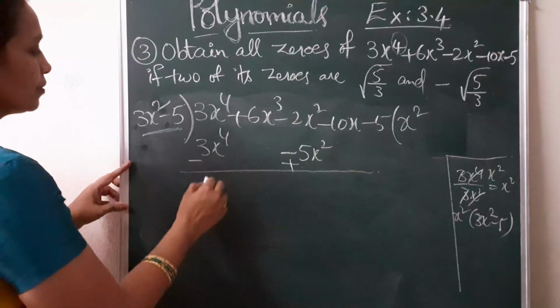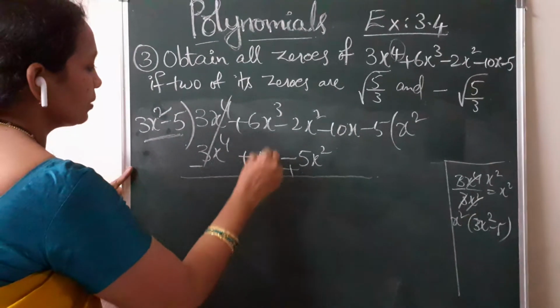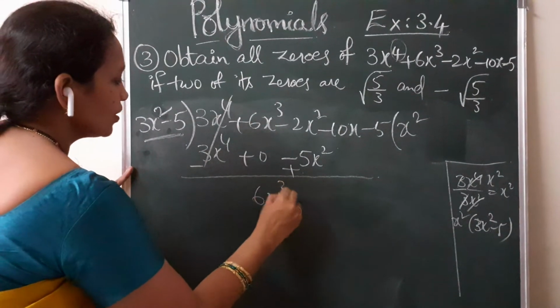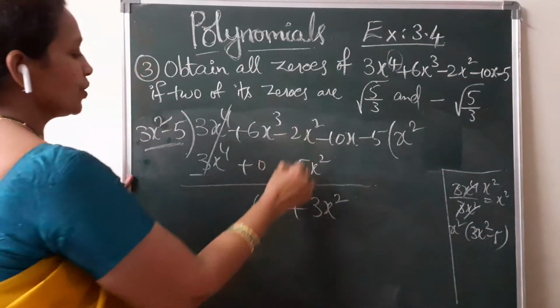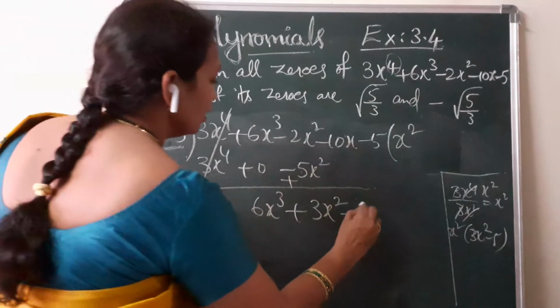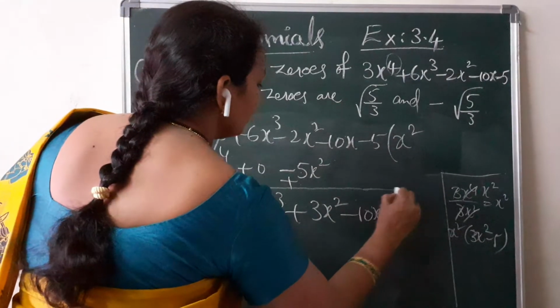Write like terms below like terms, with signs changed. These two get cancelled, and 6x cube is left over, then plus 3x square minus 2 plus 5, that is plus 3x square, minus 10x minus 5.